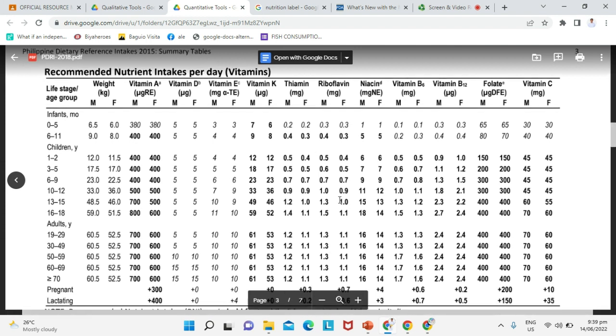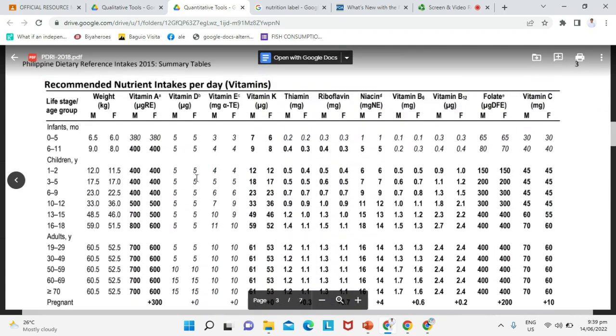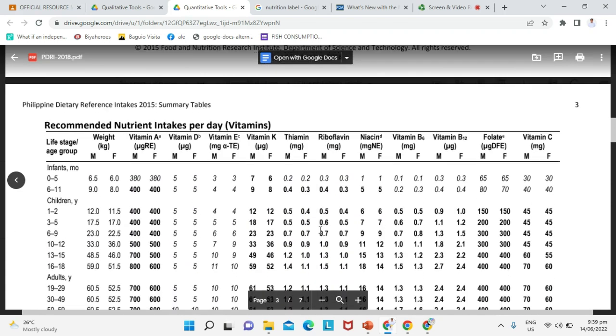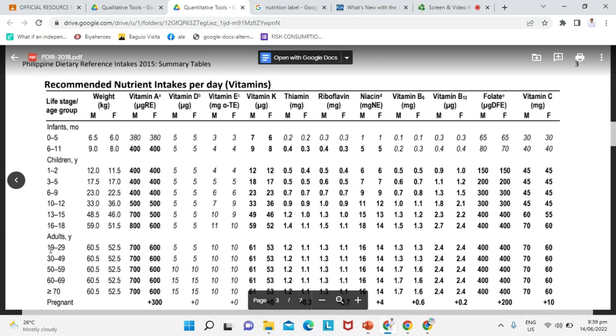Diri sa vitamins kay naa sad separate sa minerals no. So, ang vitamin C kay vitamin man siya. So, diri 19 to 29, then sa babae 60. Ang unit is naa siya diri no sa column, sa top sa column. So, therefore you need around 60 milligrams of vitamin C daily. Okay? Kung lalaki ka, then slightly higher imong need, 70 milligrams per day.